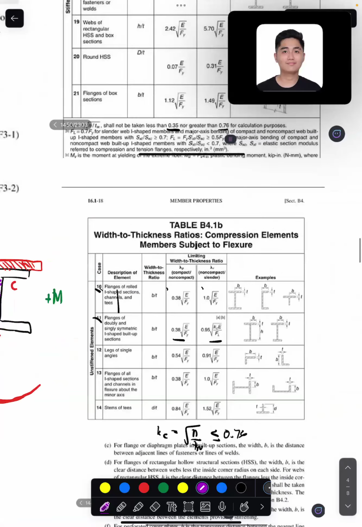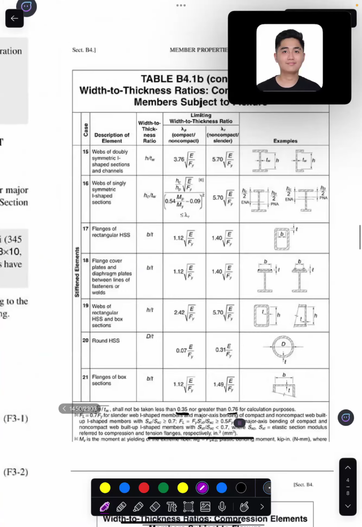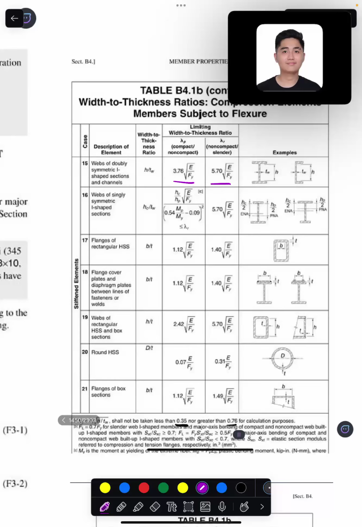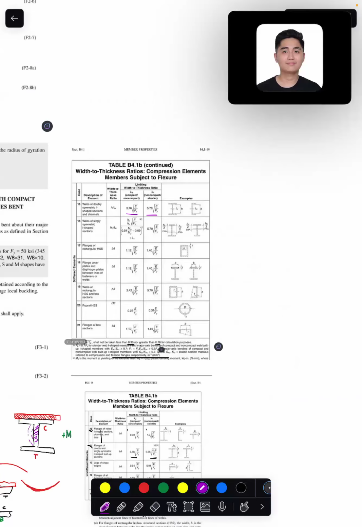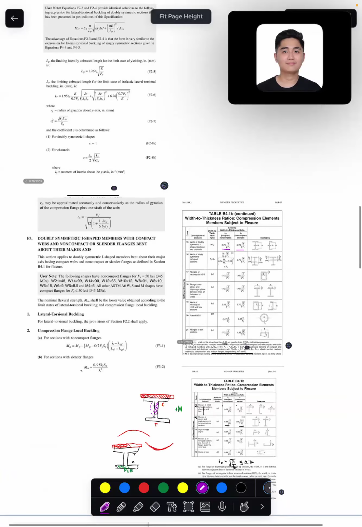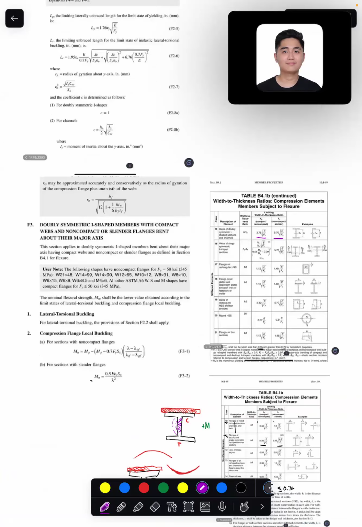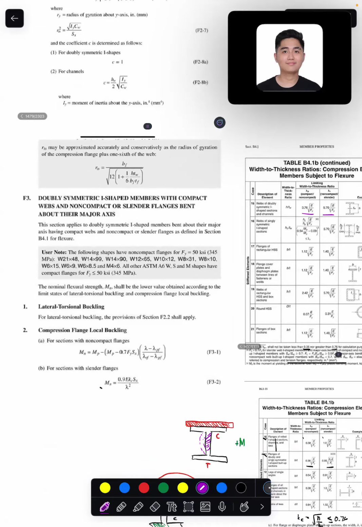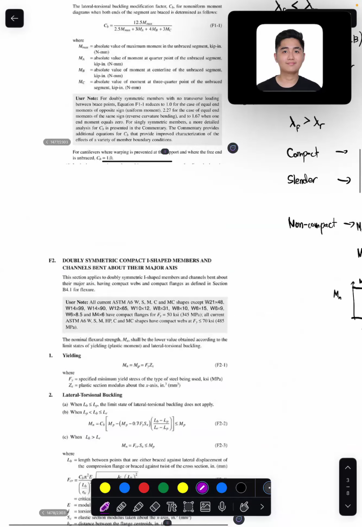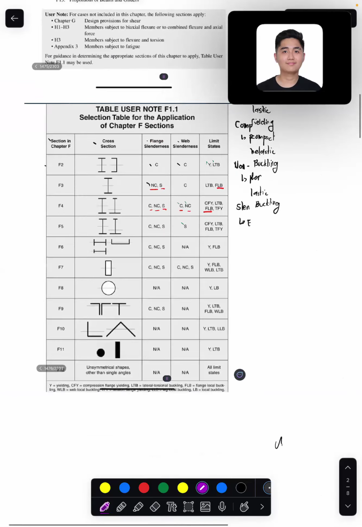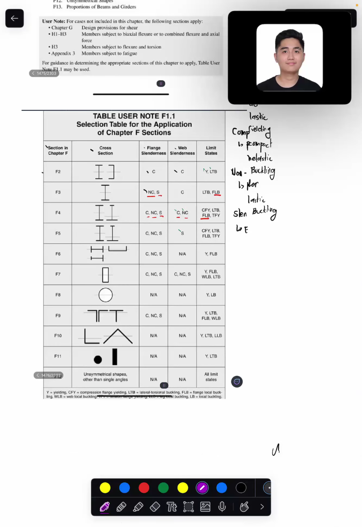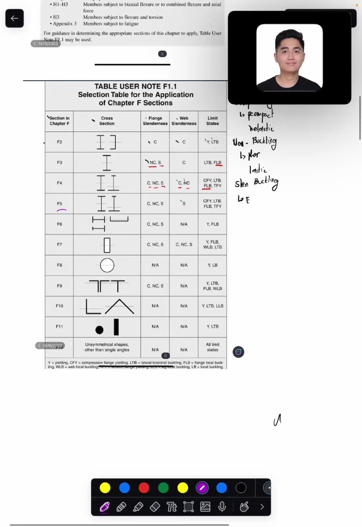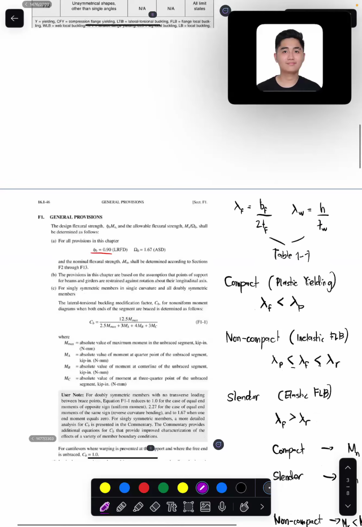Sa web local buckling, what we need to look out for is yung limiting width to thickness ratio ng web mo. Kapag umabot dun sa point na yon, F3 pa rin, Steel section F3, F5 na pala ang gagamitin natin.